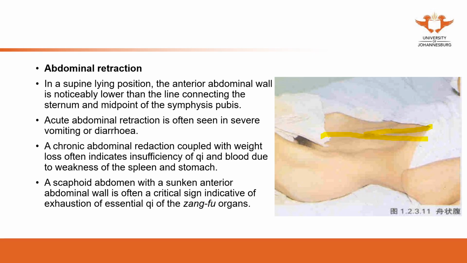This can present in a patient with spleen and stomach deficiency, qi and blood deficiency, so this patient doesn't have enough nutrition. Also, the patient may present with excess vomiting or diarrhea. That's why they become skinny.